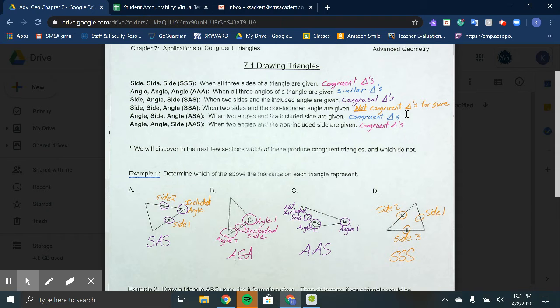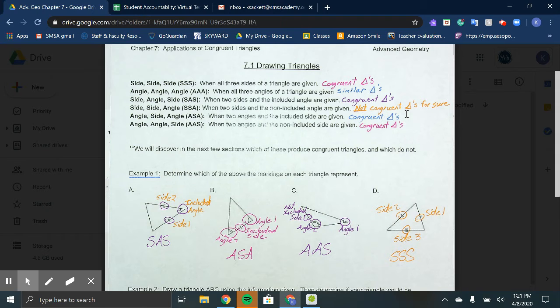Then we have angle, side, angle. Two angles and the included side are given. That would be like example 1b down below, and that will always result in congruent triangles. And the last type of relationship we have here is angle, angle, side. So two angles, and then a non-included side.